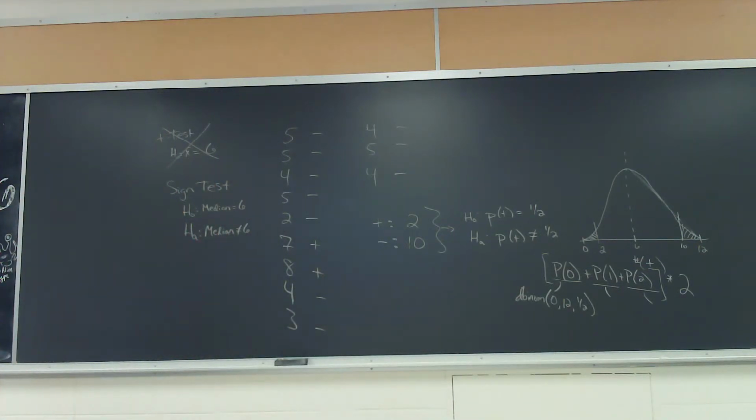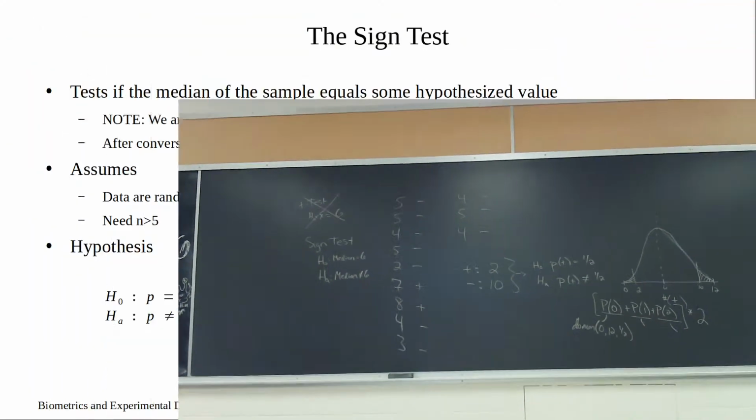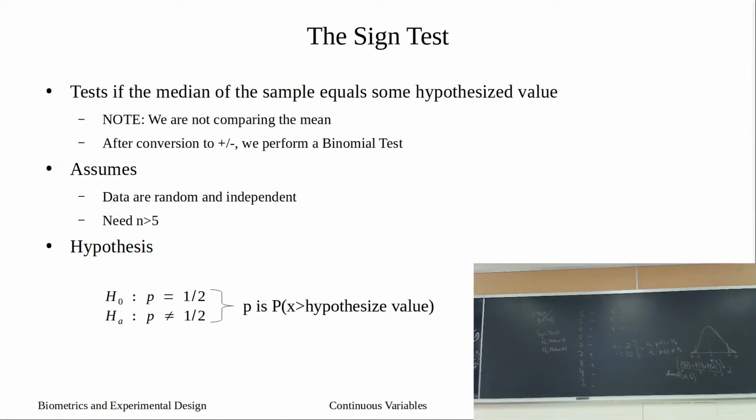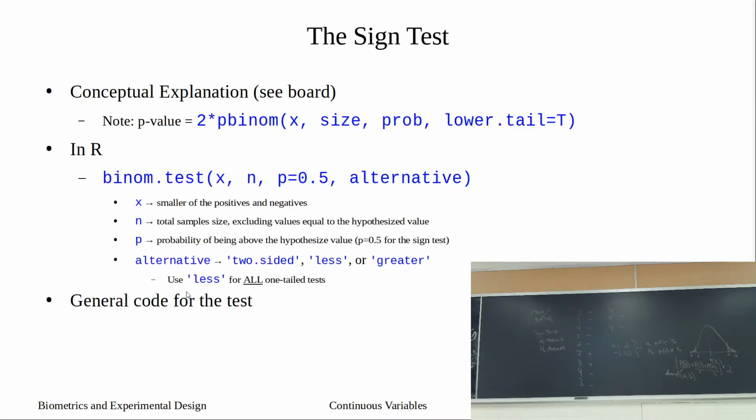We're testing against the median, and it accomplishes that by converting all of our values to pluses and minuses and running this test. All right. So I explained conceptually what's happening, and I mentioned our p-value.